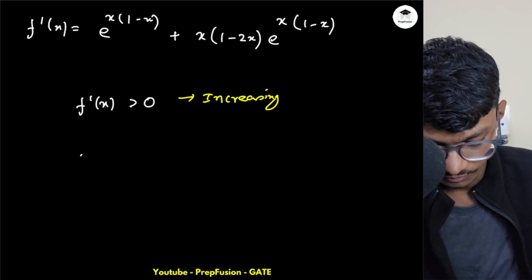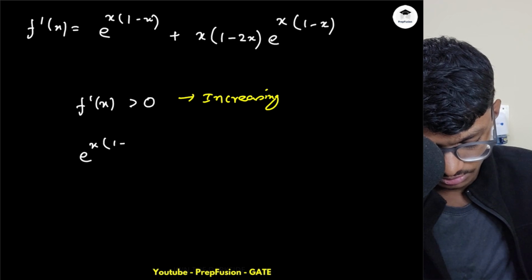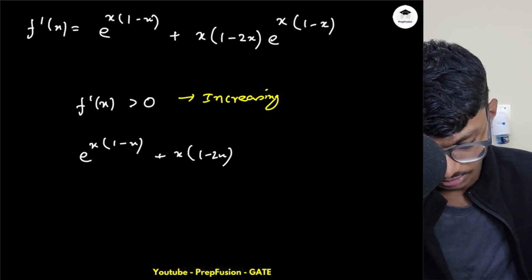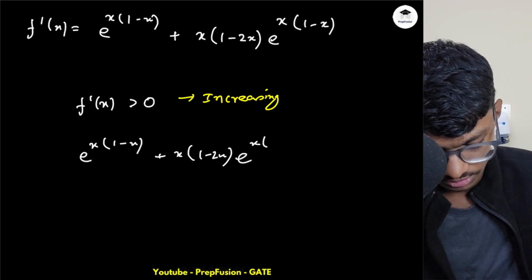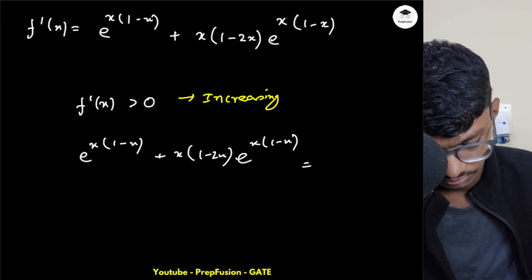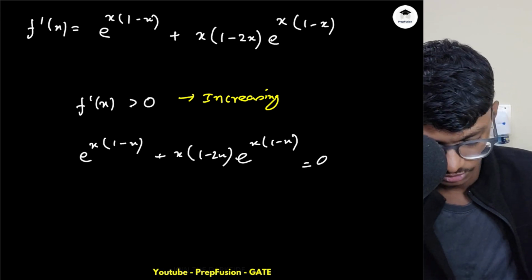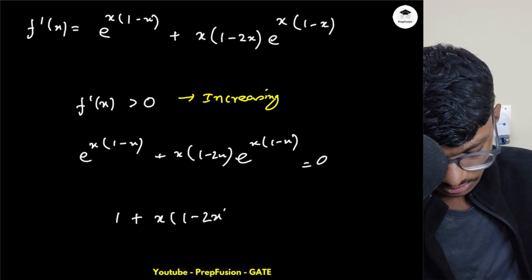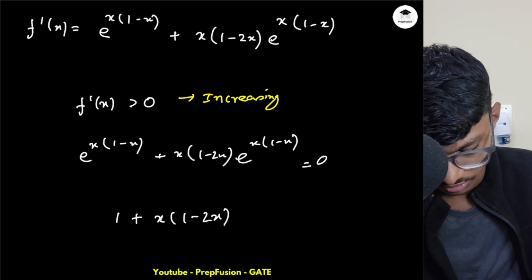So what I can say, e raised to power x into 1 minus x, 1 minus 2x, I had an x also here, this is e raised to power x. So this will be simply 1 plus x into 1 minus 2x. Okay, sorry, this is not equal to 0.